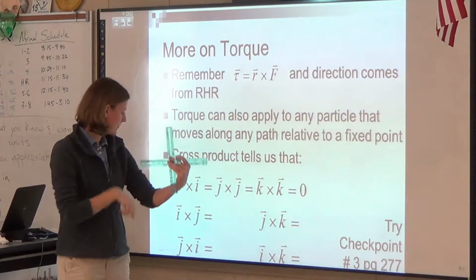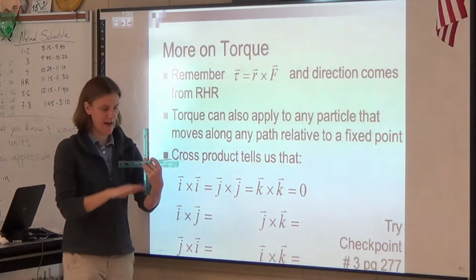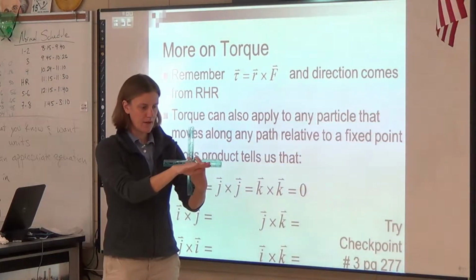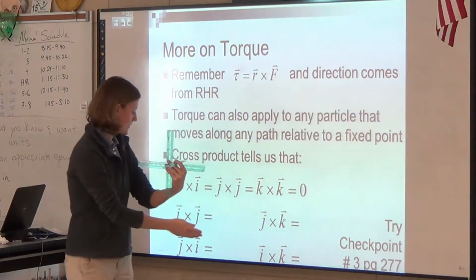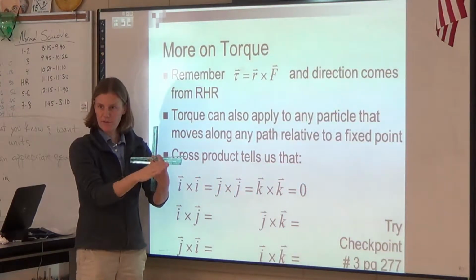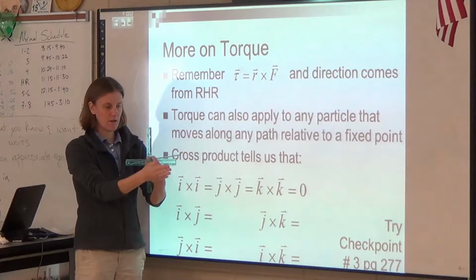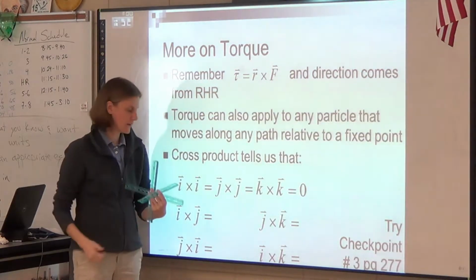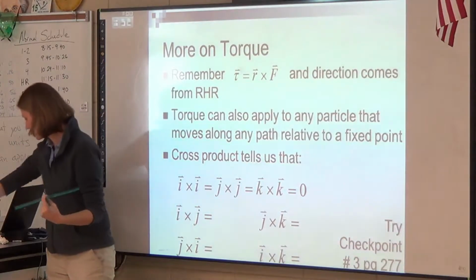First my fingers need to point towards I. So I is that way, pointing towards I. And I've got to curl my fingers towards positive J. So that would be up. Does that make sense? J is up. So thumb is the answer.